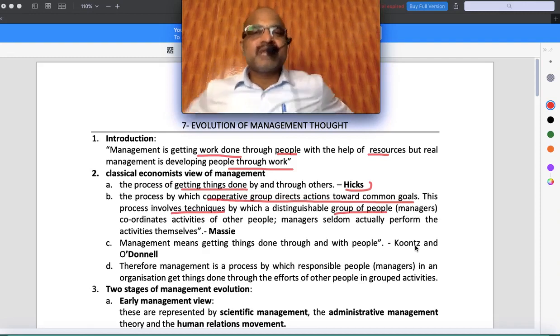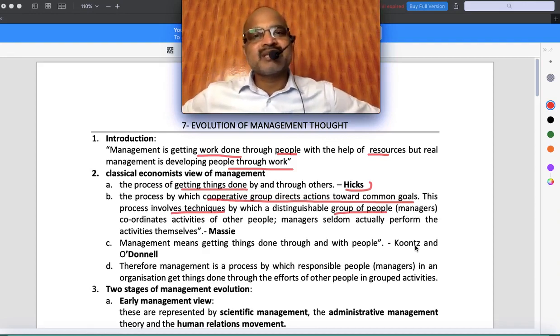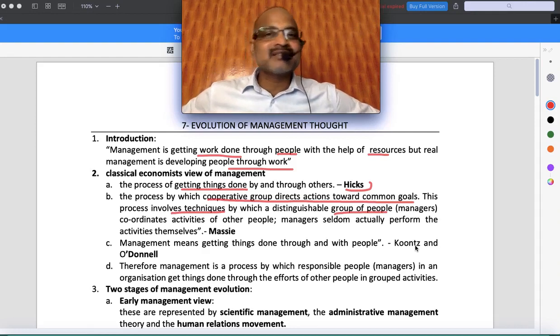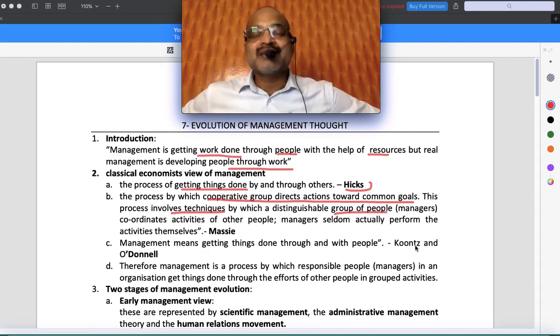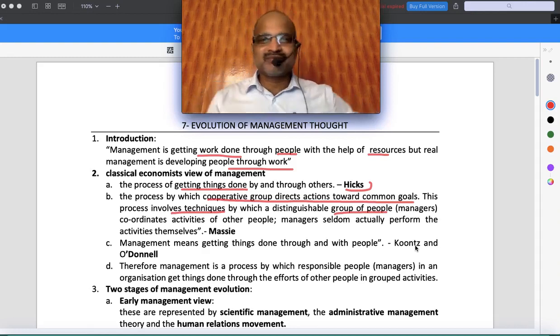So basically, management cannot get things done unless there is coordination among various people. That's it, that is the Massey definition.